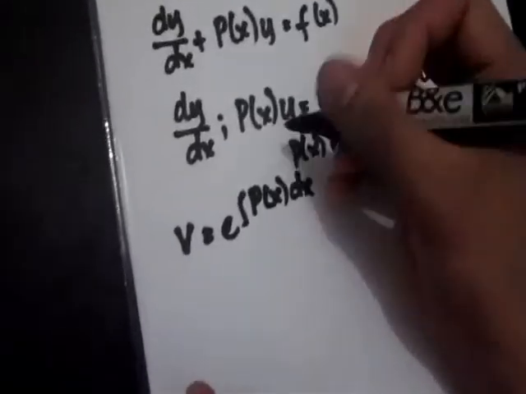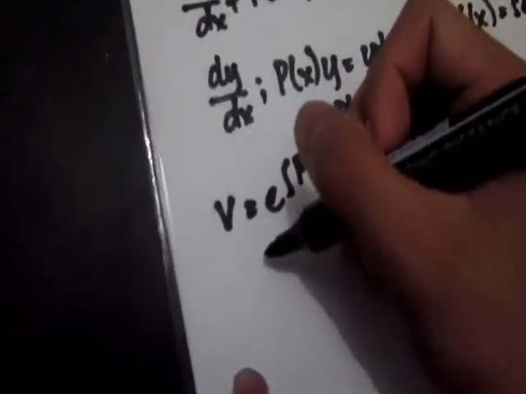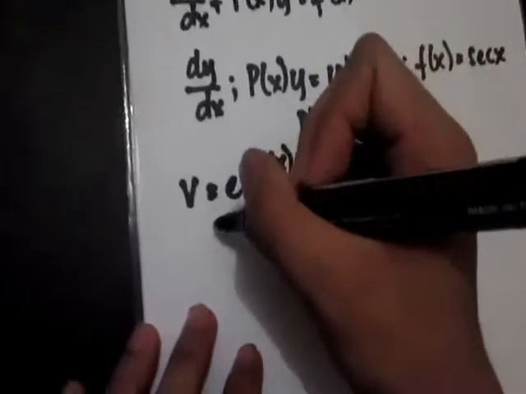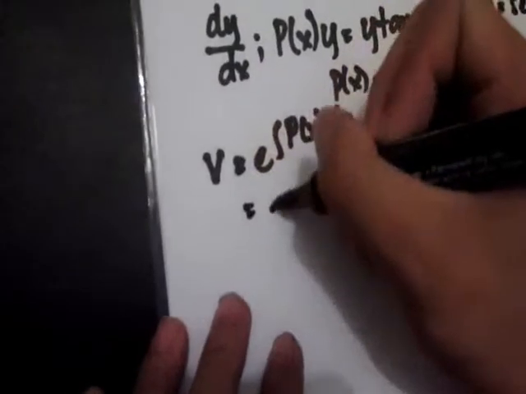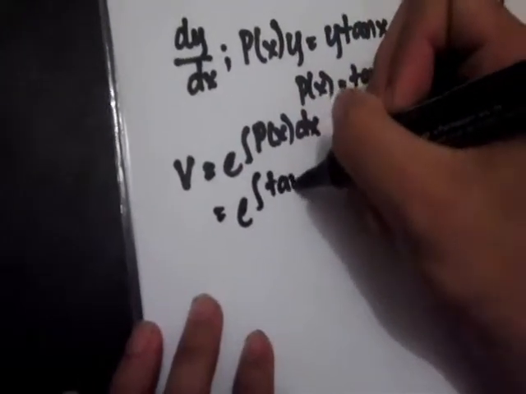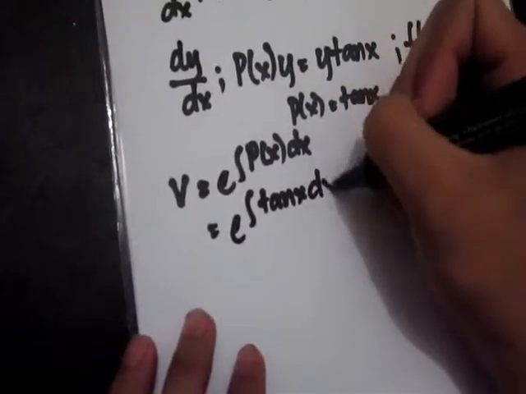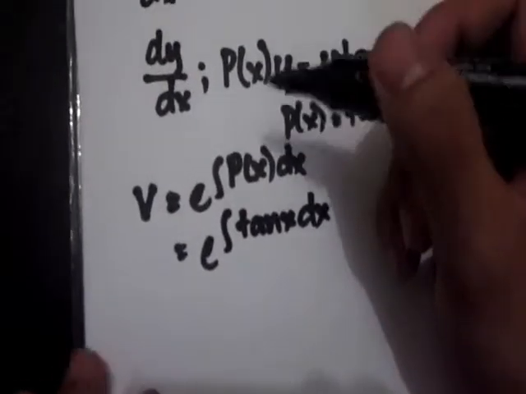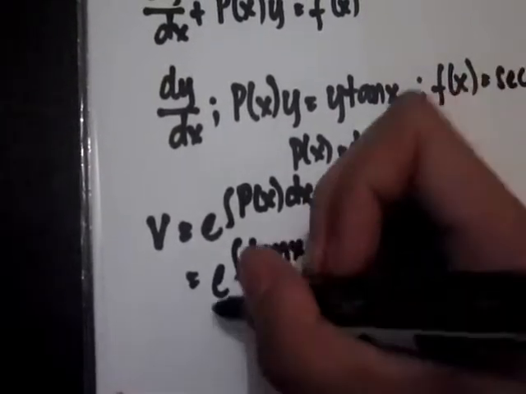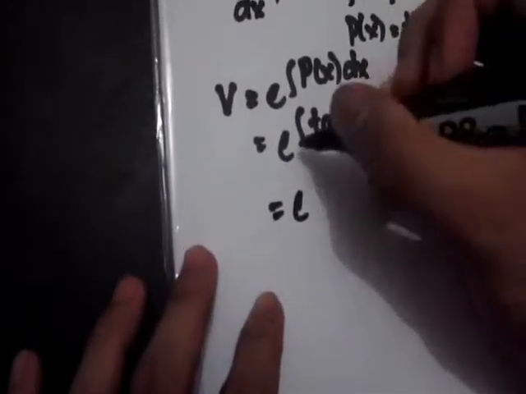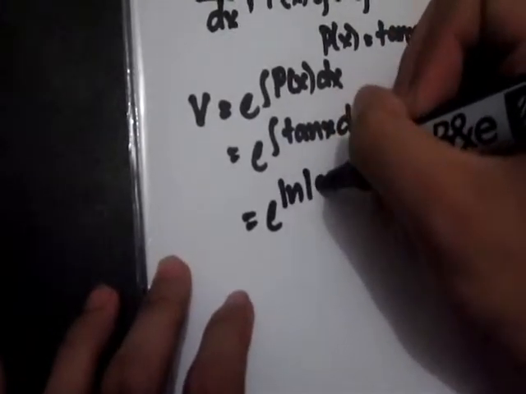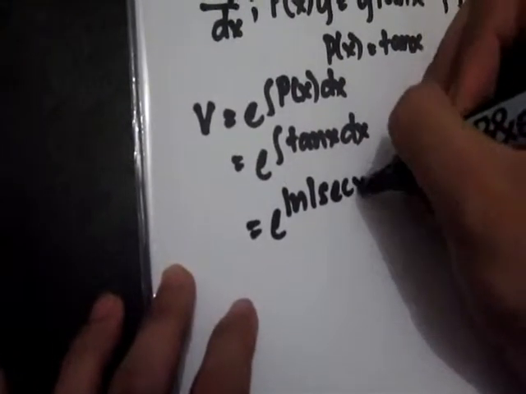Here, our p of x is the tangent of x, so we will get e raised to the integral of tangent of x dx, and the integral of tangent of x will result in e raised to the natural logarithm of secant of x.